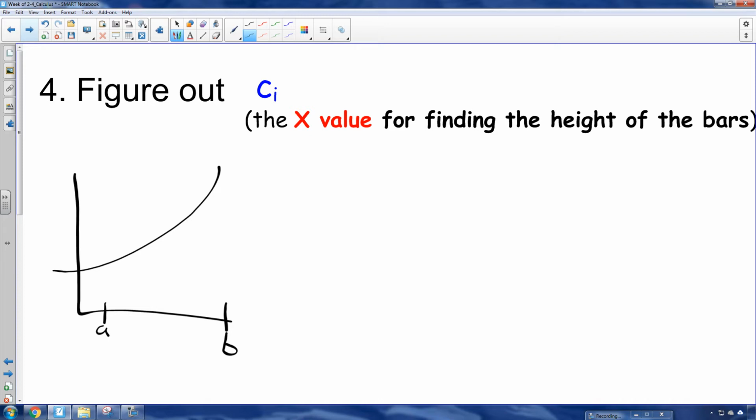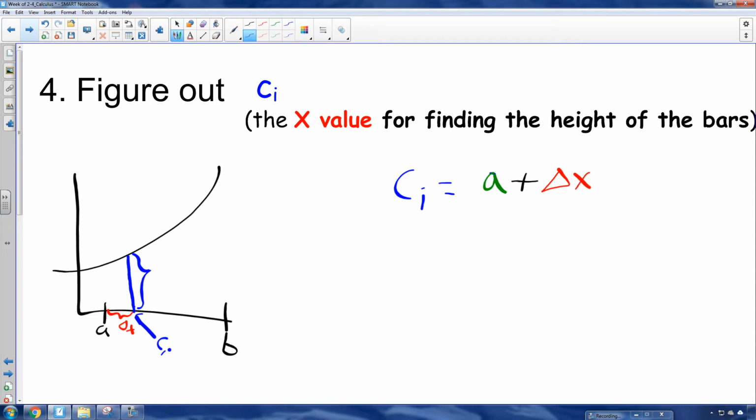Well, c sub I will always be, if you add delta x to your original and then plug into your function, this right here is f of c sub I, and this right here is c sub I. So what I mean to say is that c sub I is always going to equal your original place, which is A, I think we were doing that in green, plus delta x times I.